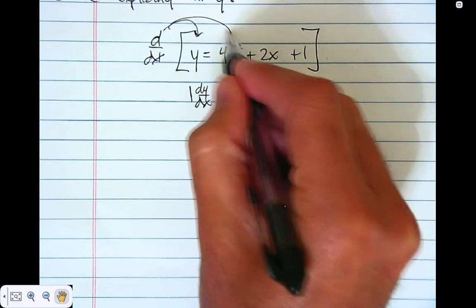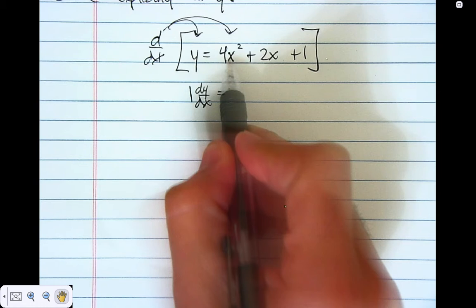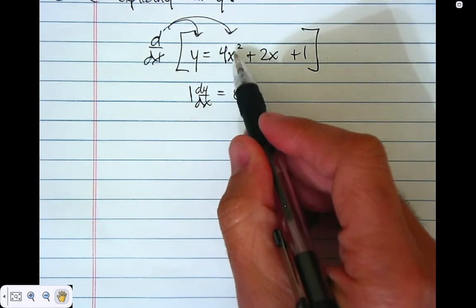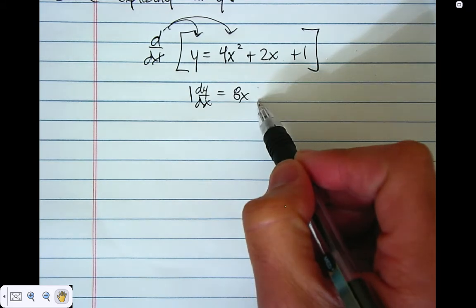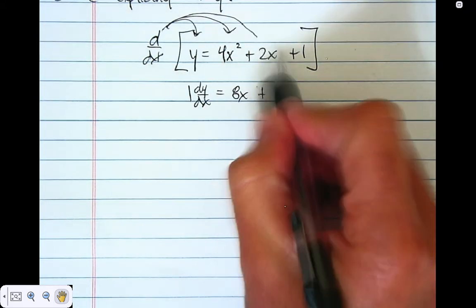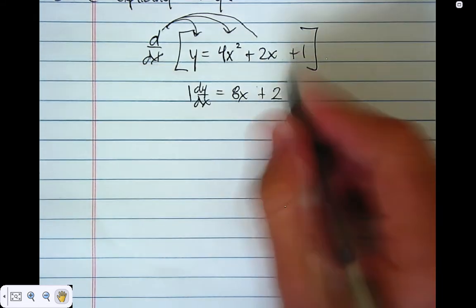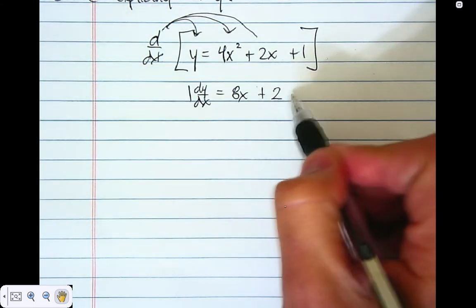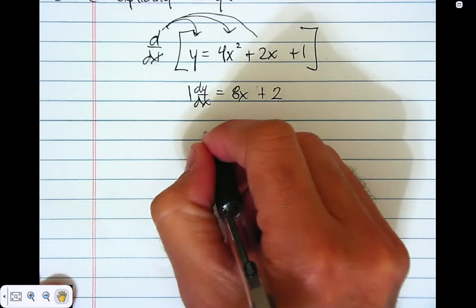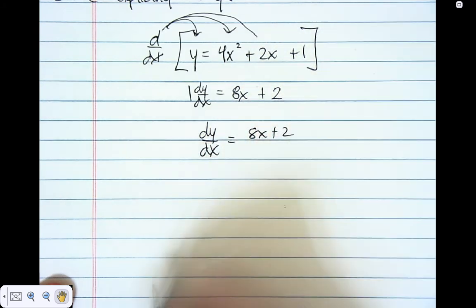Over here, we're taking the derivative with respect to x, so these guys match, and this would just be 8x like normal. Theoretically, you could put dx dx, but that just goes away because it's 1. Same thing here. The derivative of this term with respect to x, that is an x term, so this just becomes 2. I could put dx dx, but again, I don't because it would reduce to 1, giving me a final answer of dy dx equals 8x plus 2.